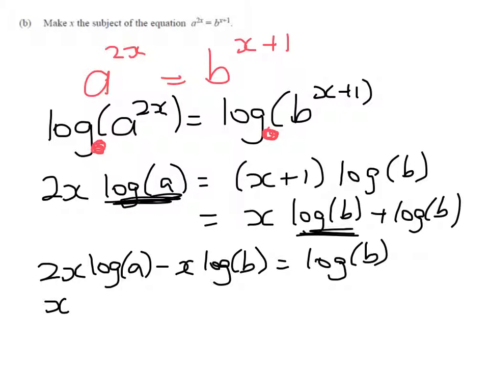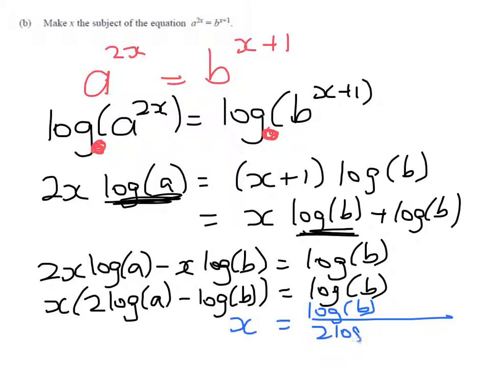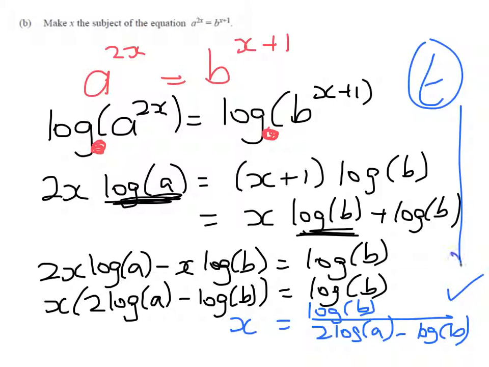And here I've got x as a common factor, x times 2 log a minus log b equals log of b. So the last step, which I'm just going to squeeze in on this slide, is that x is equal to the log of b divided by 2 log a minus log of b. Right, so that's an excellence mark for getting all the way down to there. Right, last question.